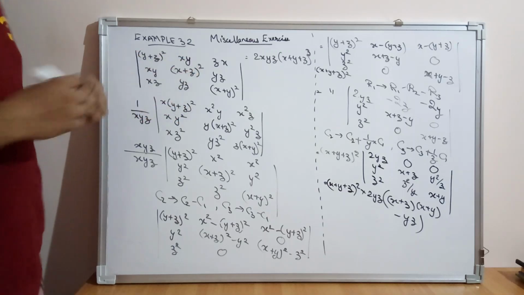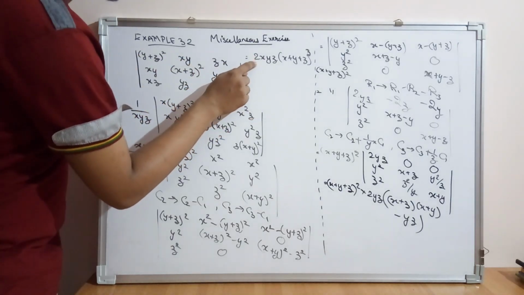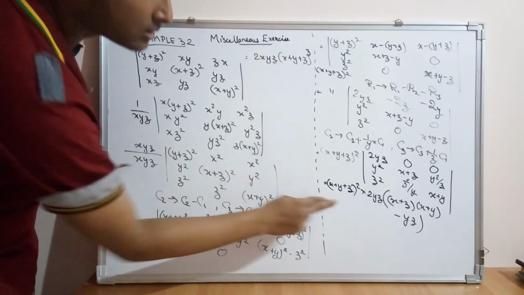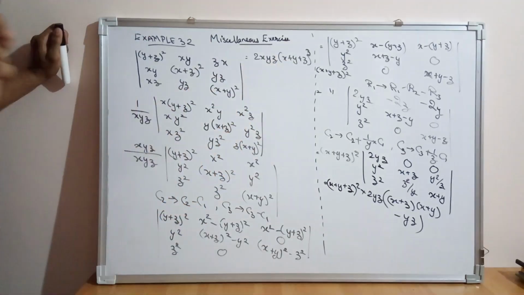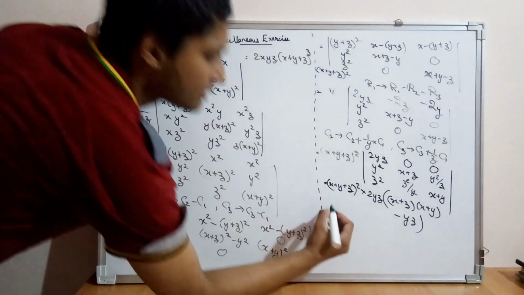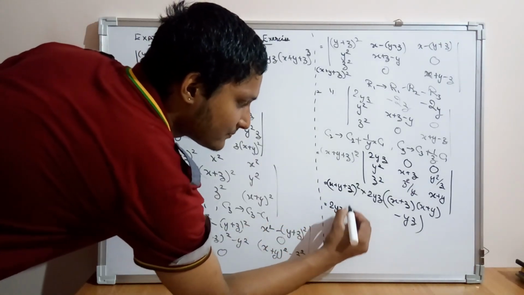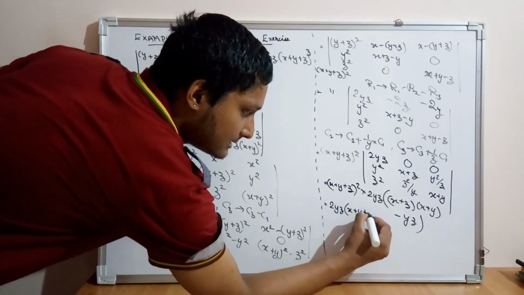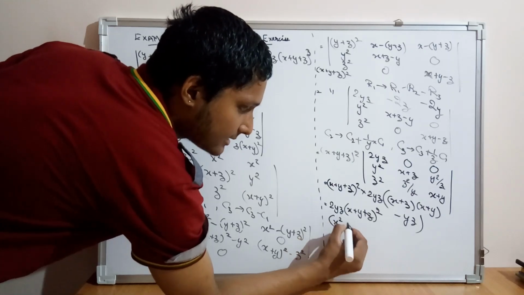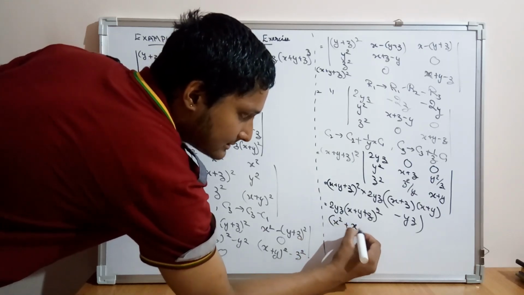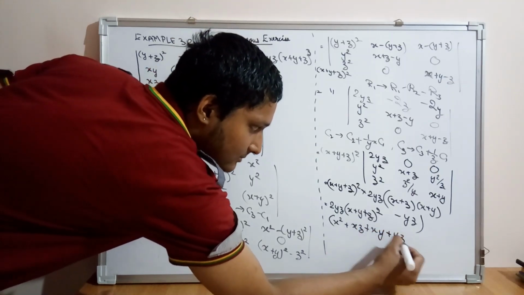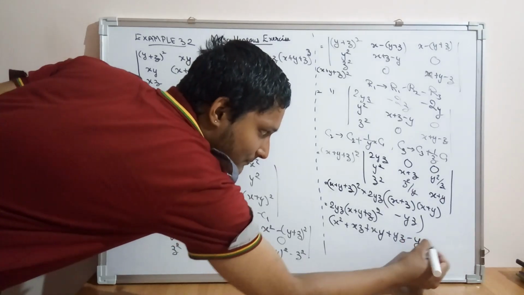So out of these things you have got 2yz, and you have x plus y plus z whole square. One more x plus y plus z is remaining and one x is remaining. Somehow we need to get that. So we have 2yz into x plus y plus z whole square into x square plus xz plus xy plus yz minus yz.